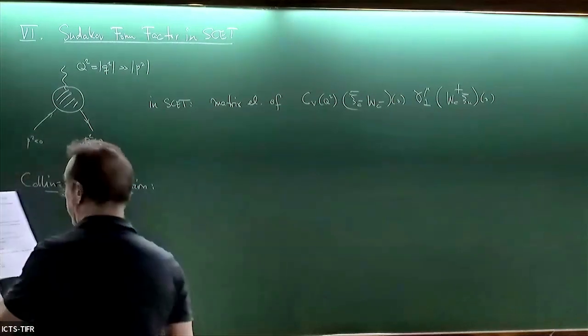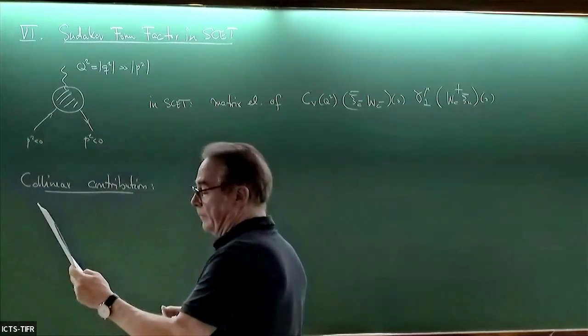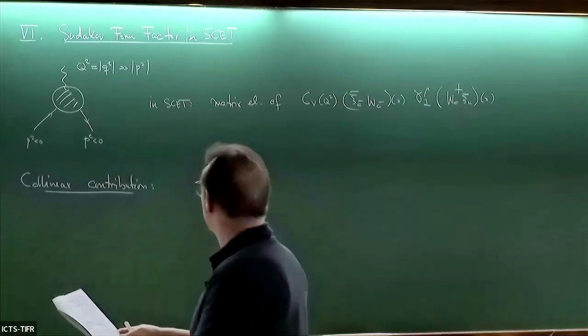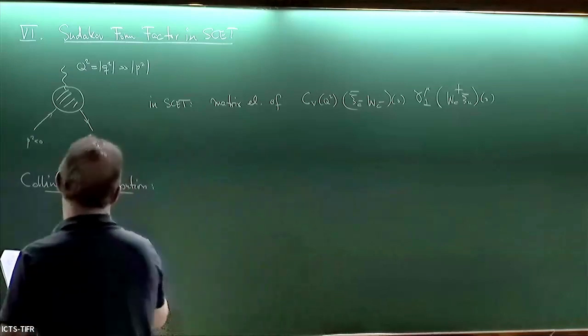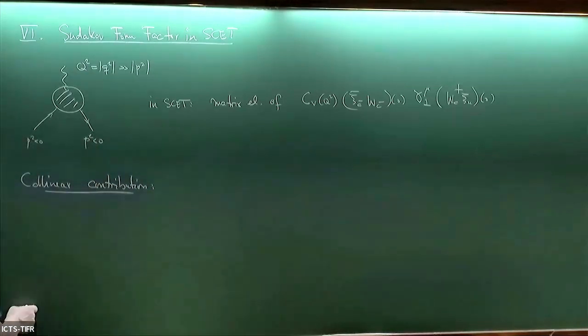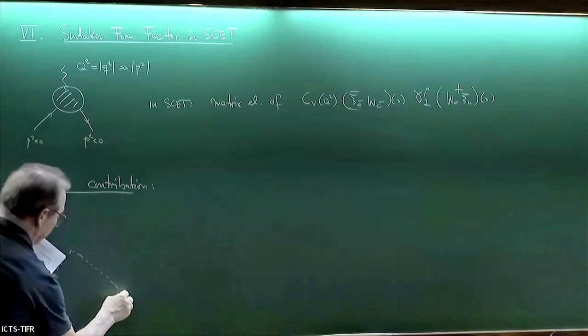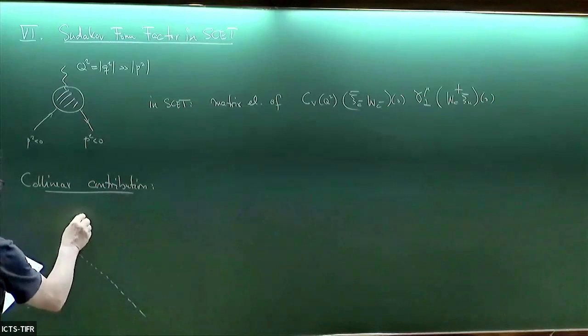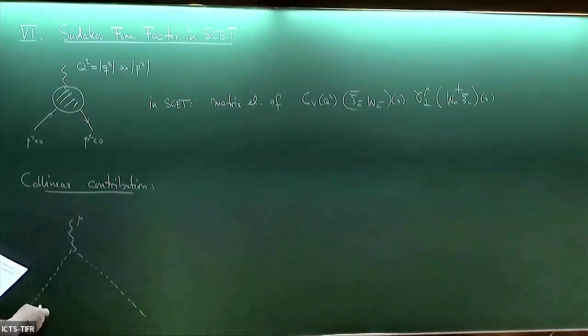So at one loop order, we have two contributions from the collinear region to the Sudakov form factor. Again, I hate this. I have to do these dashed lines for the collinear quarks in SCET. So here they are. This is the current. The incoming collinear quark has momentum P1.